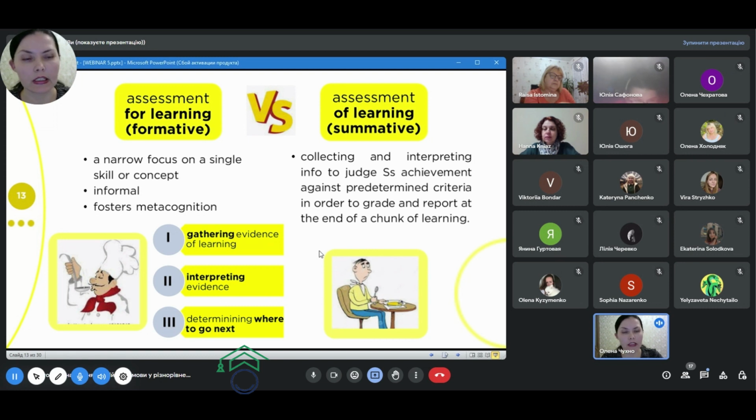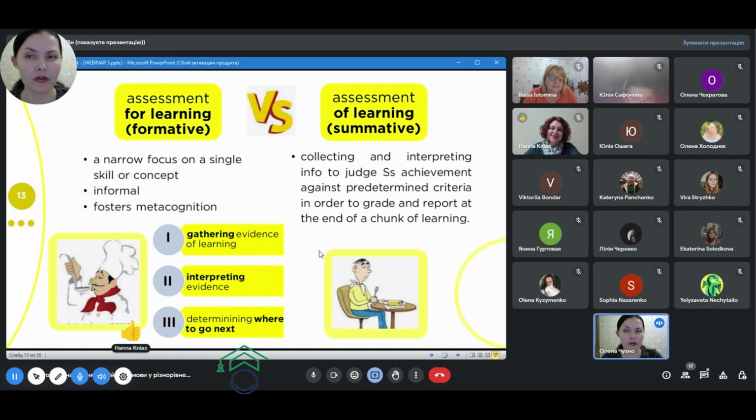This assessment is informal, and it may foster metacognition. This assessment is usually compared with a chef tasting the soup. So it means that the chef can still modify something, can still improve something, add salt and pepper to make the final result better.